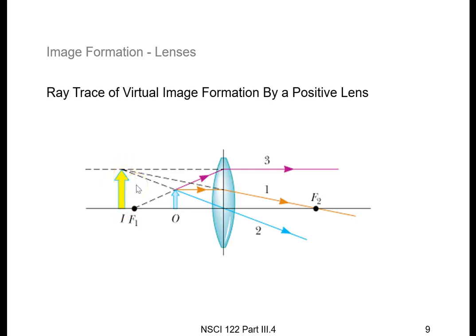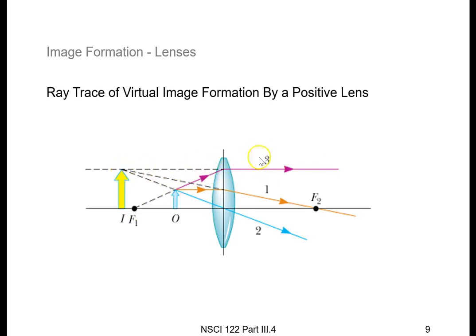Now, just like in the previous diagram, this picture shows a third ray being drawn. It's not necessary, but I'll describe it. This purple ray is drawn as if it came from the front focal point, and it ends up going horizontal. If you trace that one backwards, it also intersects right here.